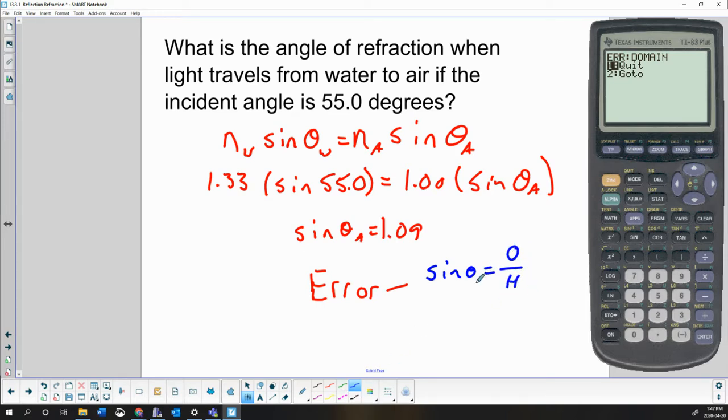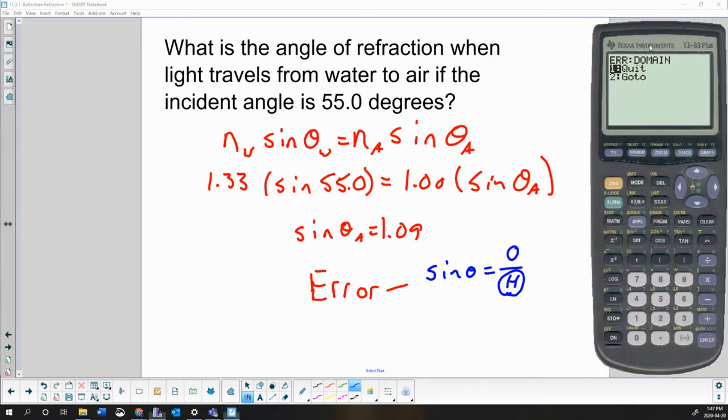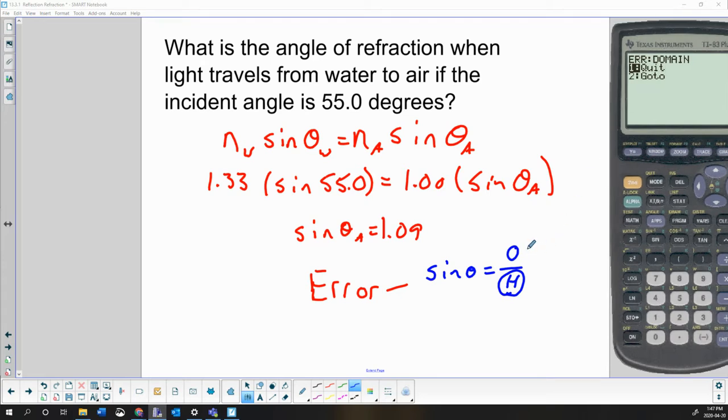And as you probably know from studying triangles, the hypotenuse is always greater than the opposite side. You can't have a right angle triangle and have a hypotenuse that is smaller than the opposite side. And therefore, this ratio of opposite, smaller number, over a larger number should always be less than 1. So the sine of the angle is always less than 1.